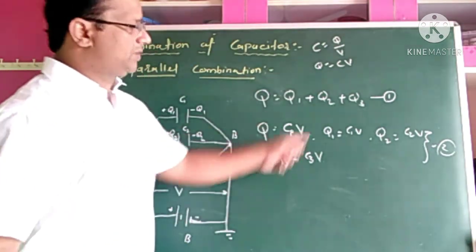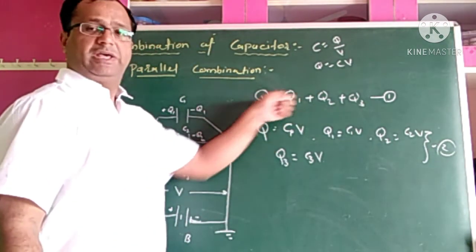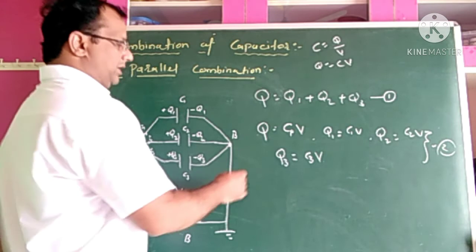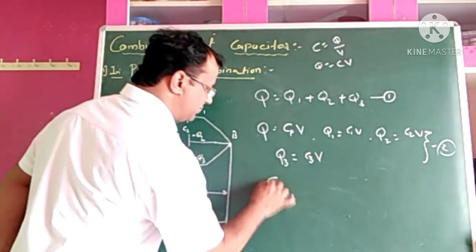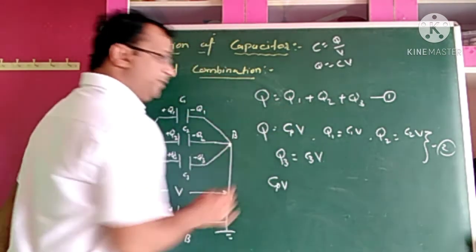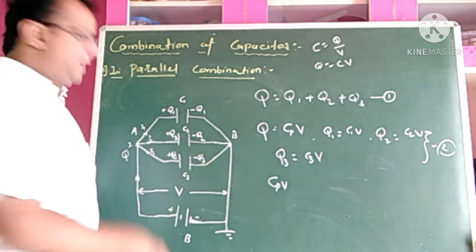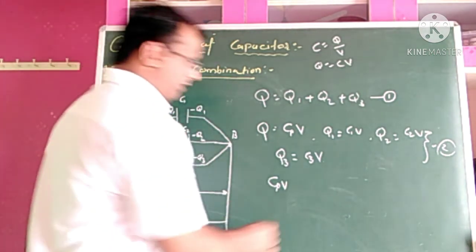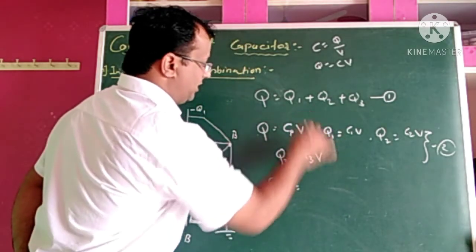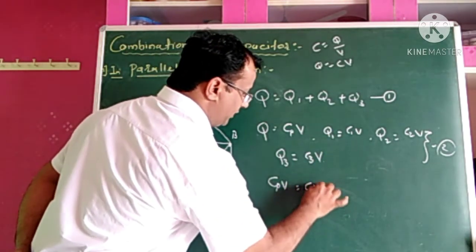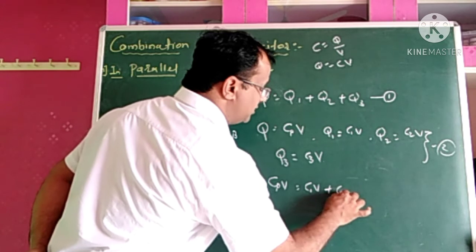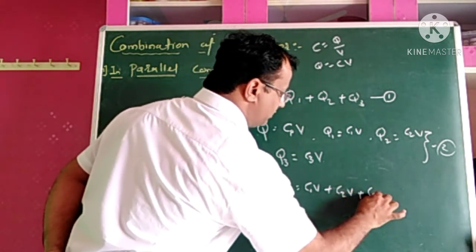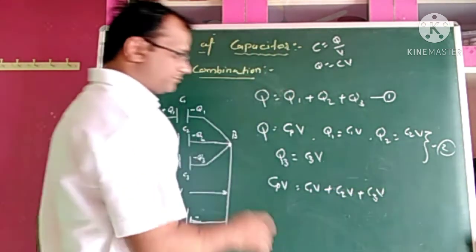Now we want to substitute these individual values in equation 1. So what do we get? Here the value of Q is CPV. Here CP represents the effective capacitance in parallel combination. So CPV is equal to, here the value of Q1 is C1V, plus the second one is C2V, plus the third one is C3V.